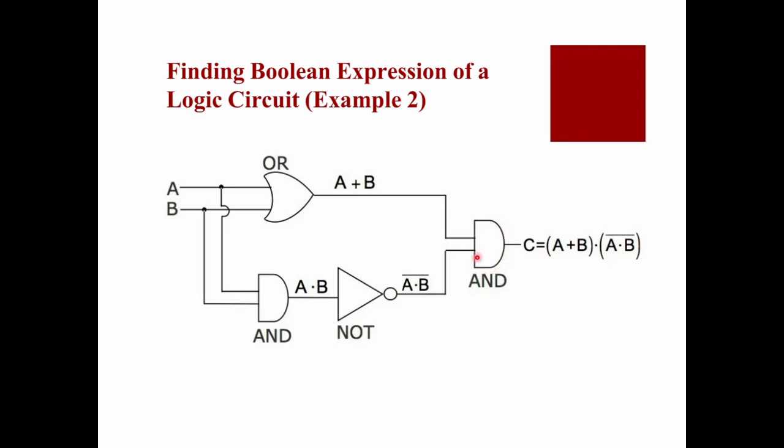So in the end, the result will be C equals the first one, A plus B. Then the second one, A times B, not A times B, and use the dot symbol.